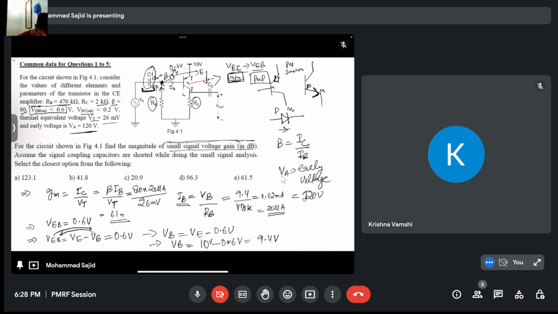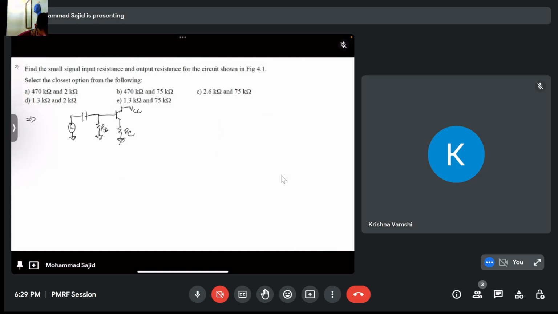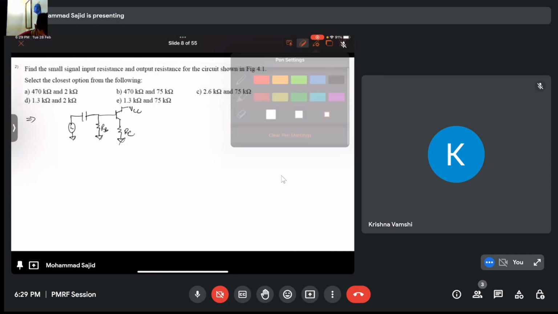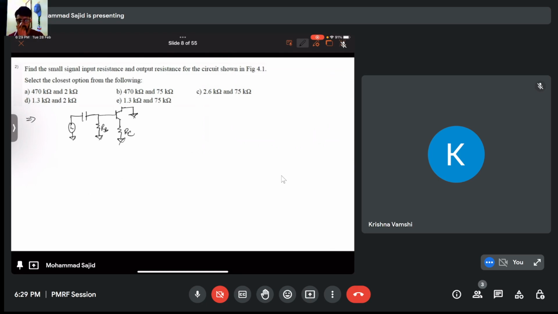Okay. For small signal case, this will go to ground. So what we have to find is small signal input resistance and small signal output resistance.